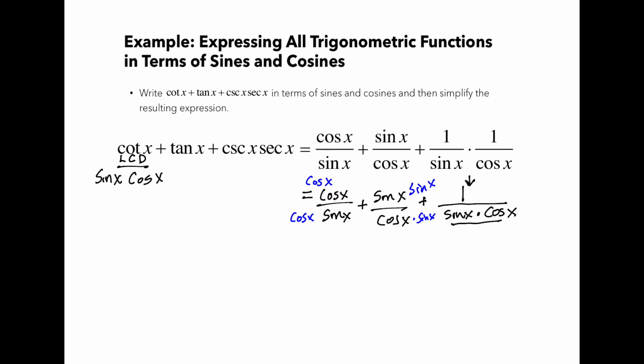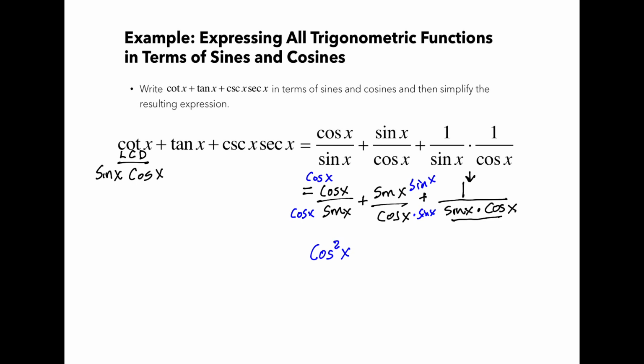I already have that. So cosine x times cosine x is cosine squared x. Notice how we write that. We put the squared next to the cosine because it's the result of taking the cosine of x that we want to square. We wouldn't want to write it like this without parentheses. With the parentheses, we're okay.